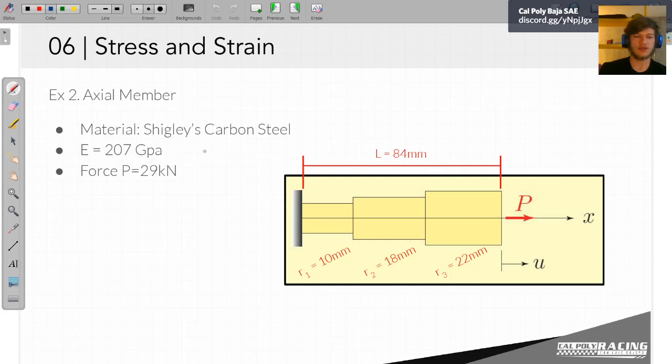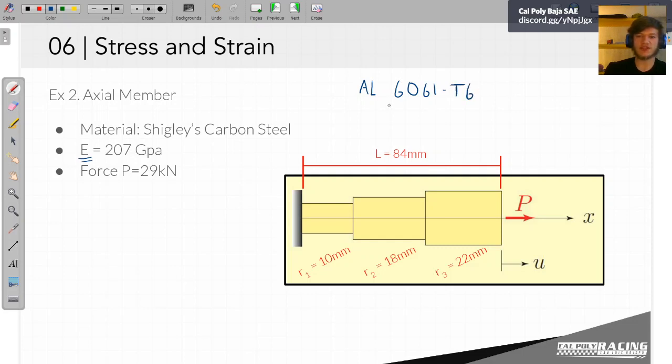So I just chose the material properties of carbon steel that is provided in Shigley's. Typically, if you were to actually design something, you want to design it with whatever material you're purchasing. Most material manufacturers will rate their material to a specific grade or standard. For example, one of the most common types of aluminum is 6061-T6.